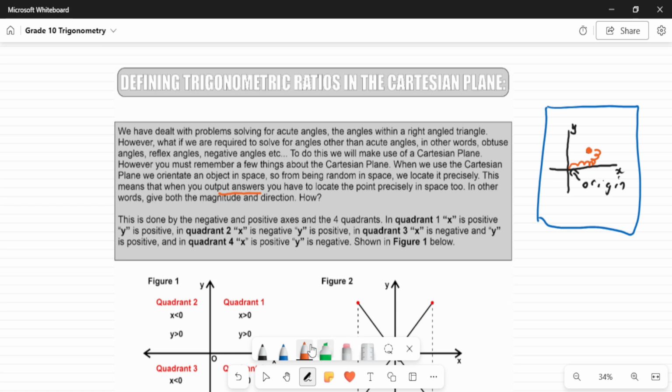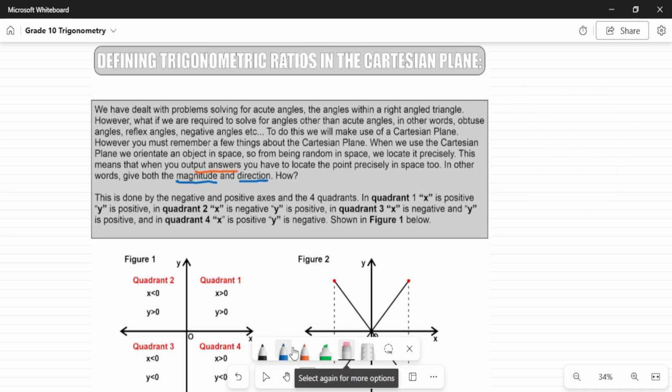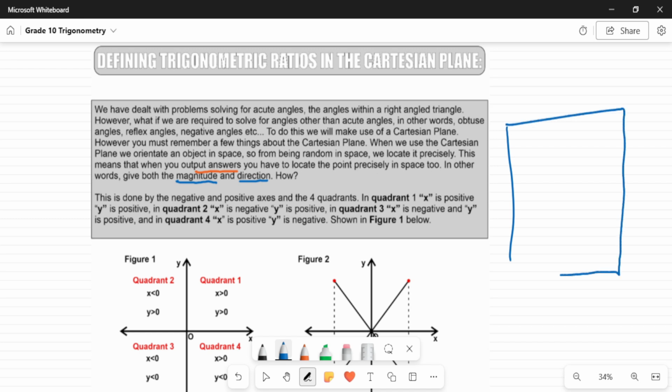So, in other words, we need to give both the magnitude and the direction. These are two important words. Let me illustrate this to you. I have a page here, and on this page, I draw a Cartesian plane, because I'm using it to locate a point. Let's say that we have this point here.